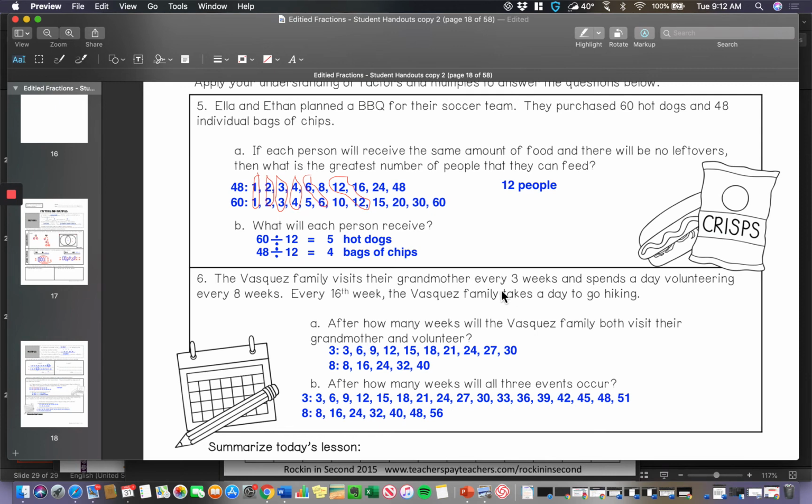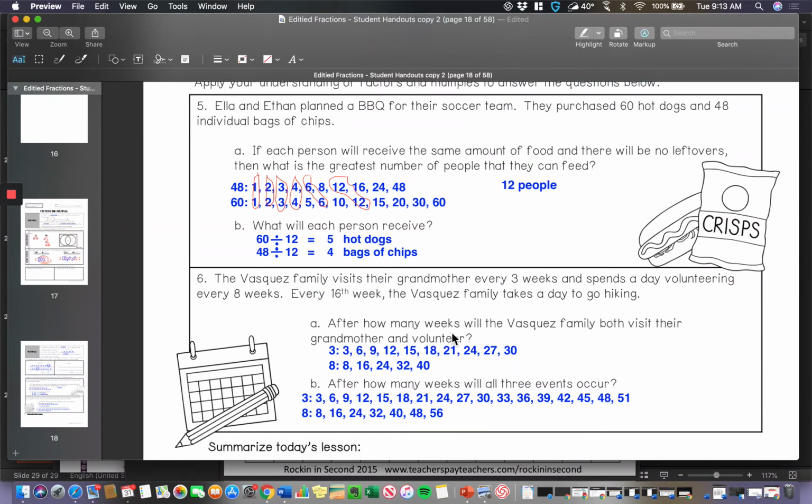Well, I found multiples of 3, because they're going to do this continually. So I'm going to make sure that I'm thinking about that process. I'm not trying to make things even. I'm going to have things repeating. So 8 weeks, I wrote your multiples down here.